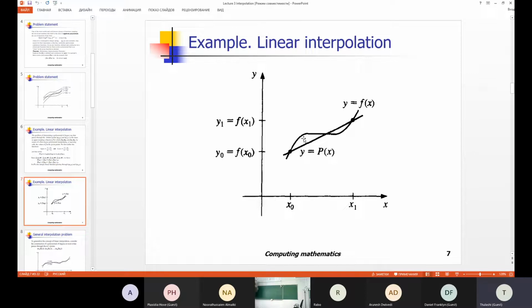Of course, this line can be a bad approximation for this function, but for another function it's more or less good, because this function lies somewhere near this line.